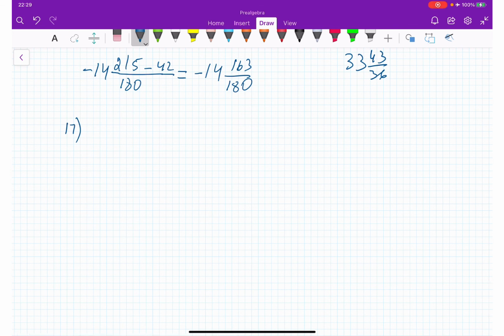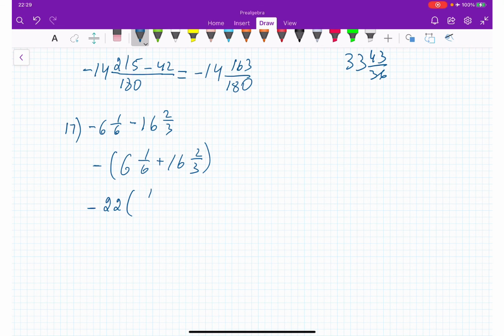What do we have? Negative 6 and 1/6 minus 16 and 2/3. Okay, both of them are negative. That's when we're going to add them. So the negative is just going to stay outside. 6 and 1/6 plus 16 and 2/3. This is going to be equal to negative, 6 plus 16 is going to be 22.